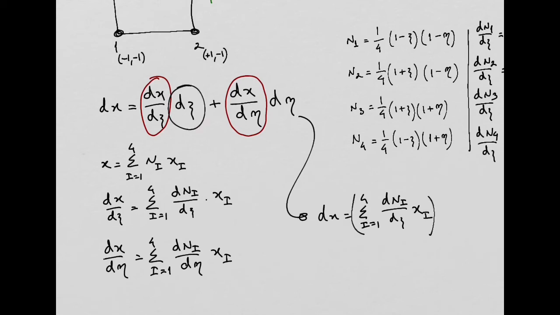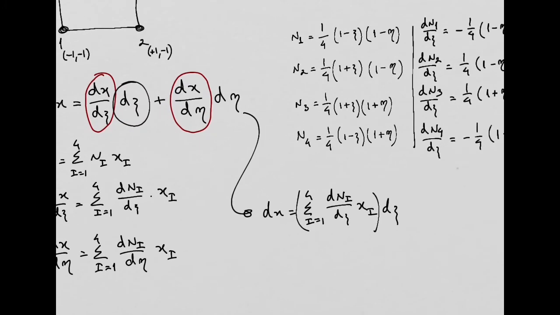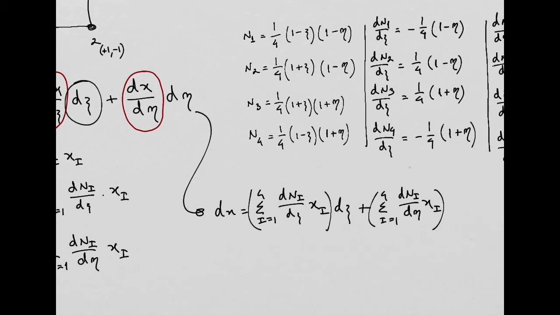This will multiply d xi, plus, now I need to have the x derivative in order to eta, which is the summation i equal to 1 to 4 of the derivative of Ni in order to eta, and this will multiply my d eta, right?